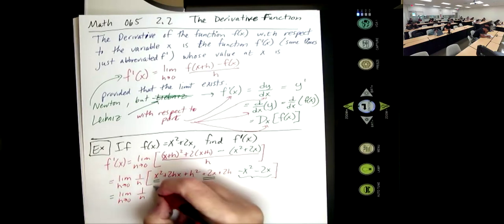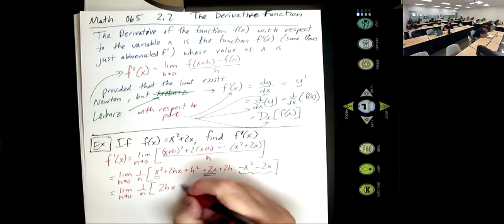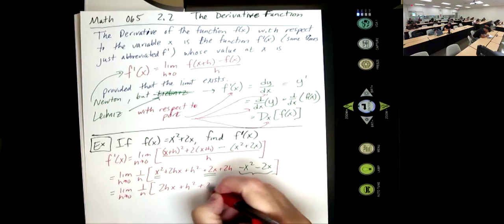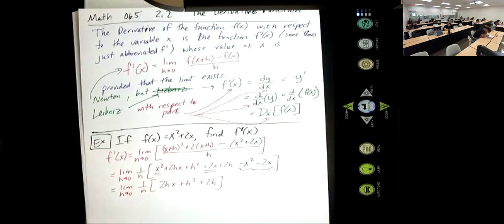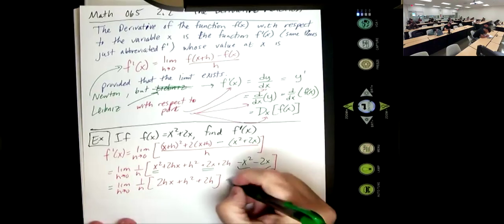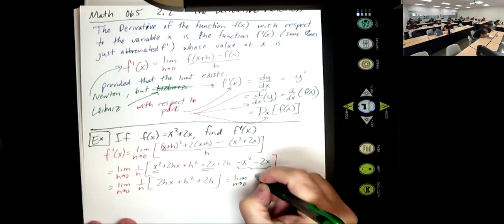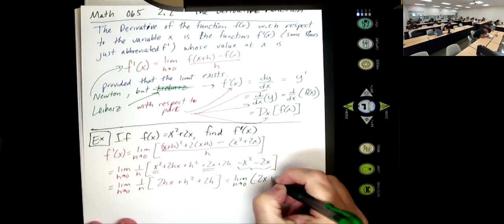1 over h times 2hx plus h squared plus 2h. We move the h in: 2x plus h plus 2.